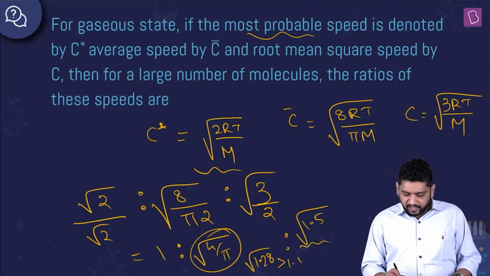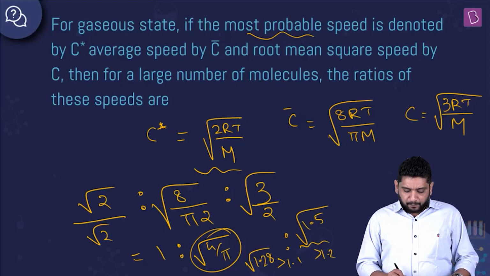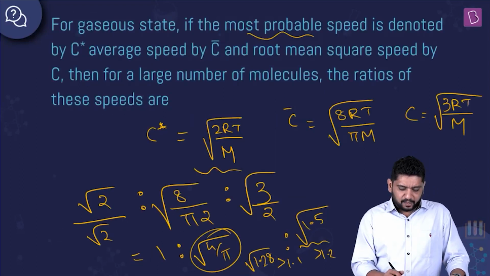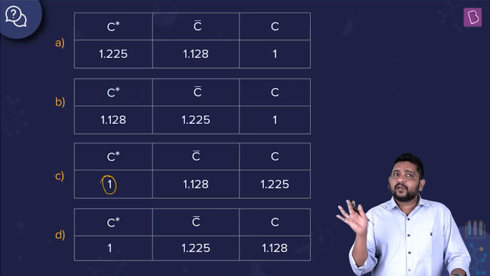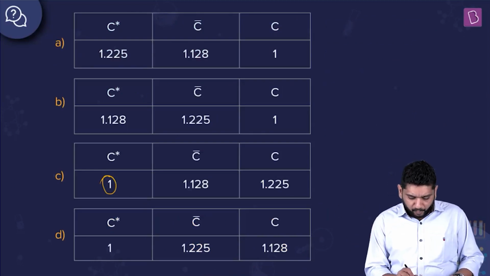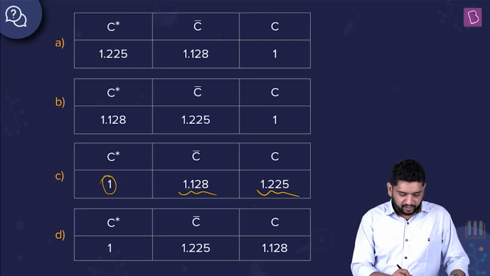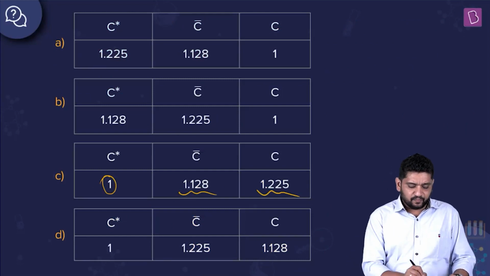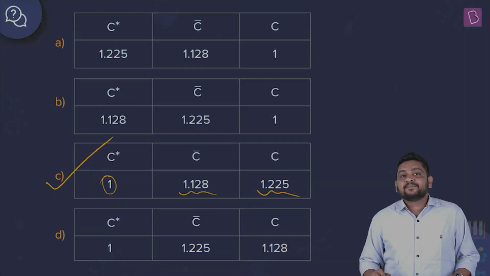Obviously this has to be slightly greater than 1.2. So I'm looking at 1 is to 1 point something and 1.2 something, so 1.128 and 1.225. This looks perfectly fine to me. So what is the ratio of these three? It's obviously option C.